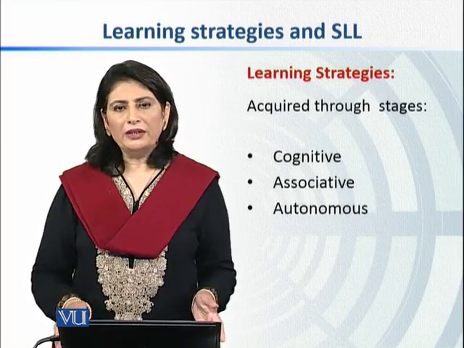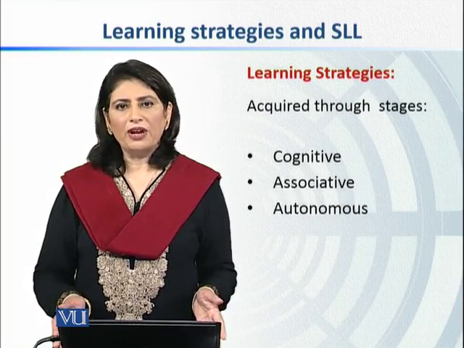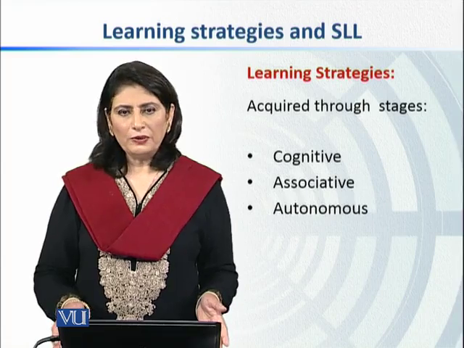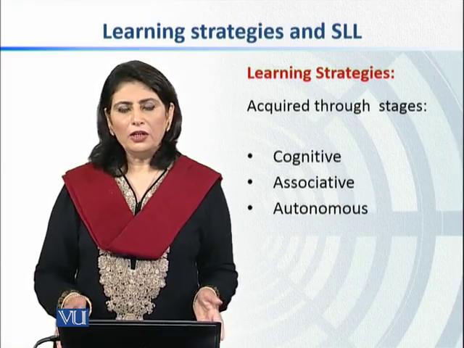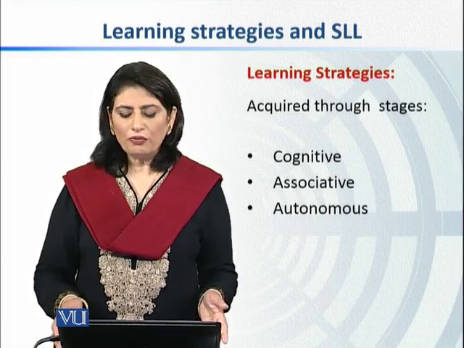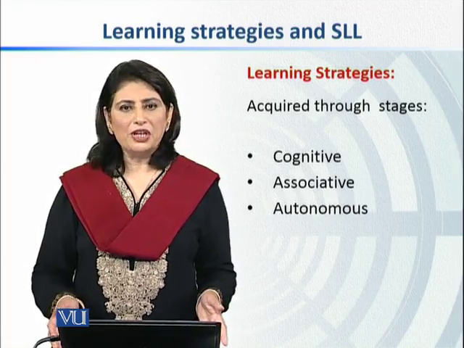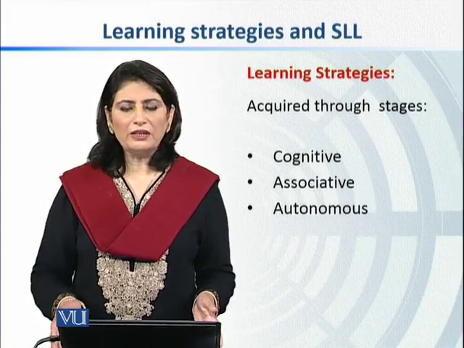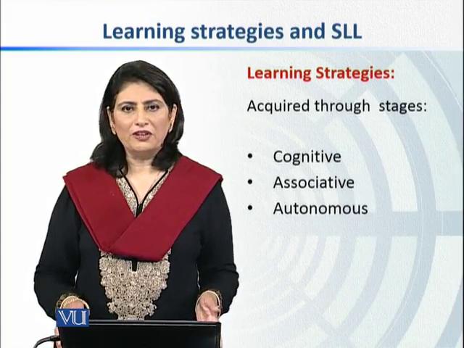Having said that learning strategies are a complex set of strategies, this would mean, according to Anderson's model, that they would also follow the same stages, from cognitive to associative to autonomous stage.